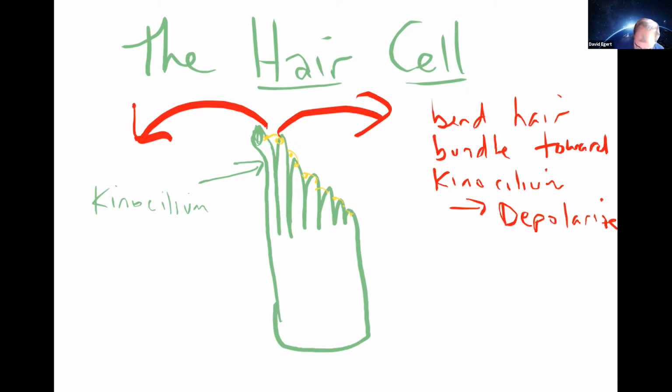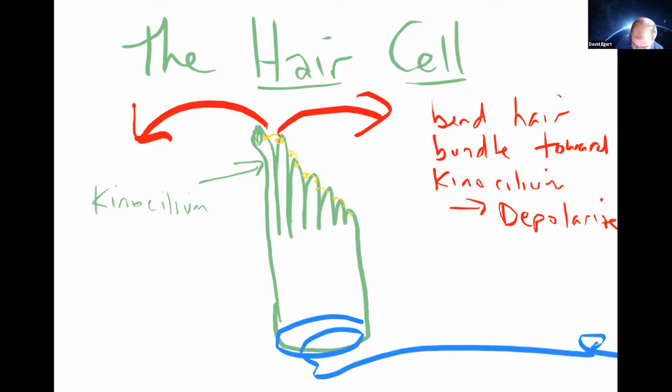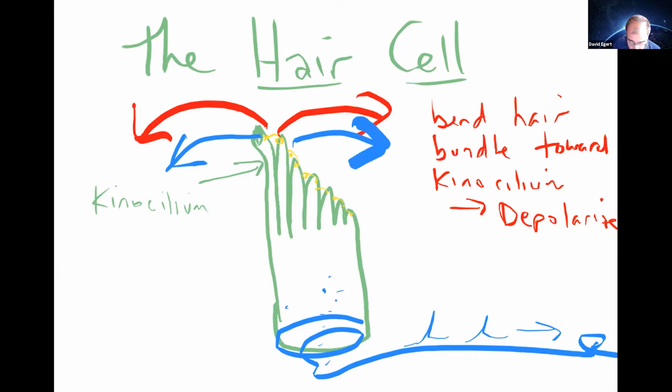And typically these are connected up to some neuron. So as you bend the hair bundle towards the kinocilium, this thing becomes more positive and you get more action potentials going off towards the brain. When you bend it away from the kinocilium, you're going to have less voltage, and be less likely to be sending action potentials off towards the brain.